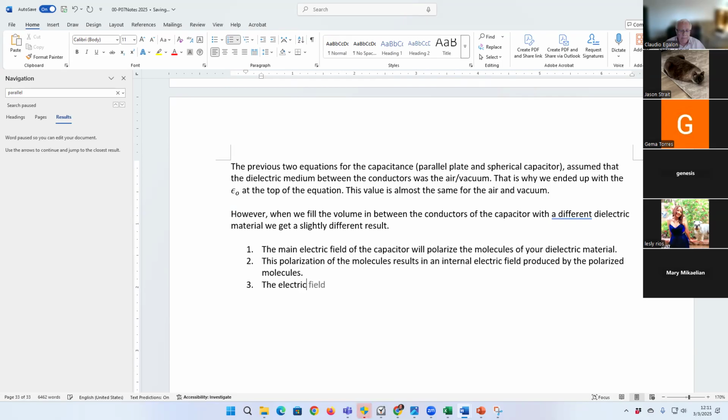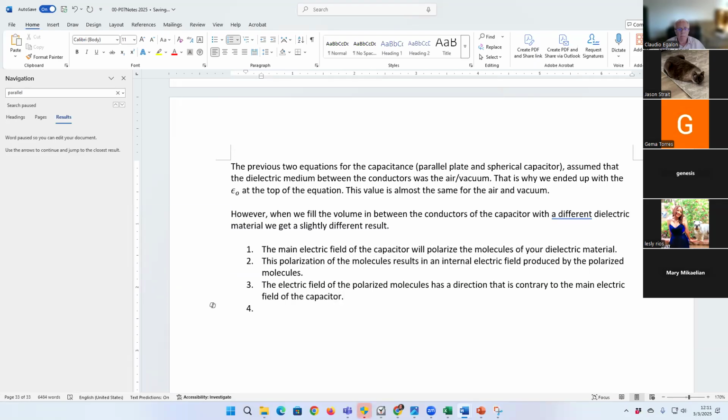The electric field of the polarized molecules has a direction that is contrary to the main electric field of the capacitor.